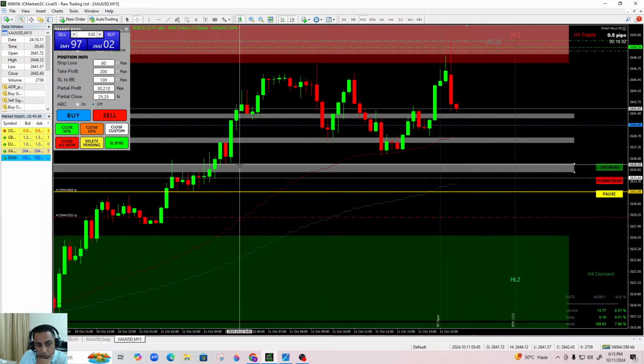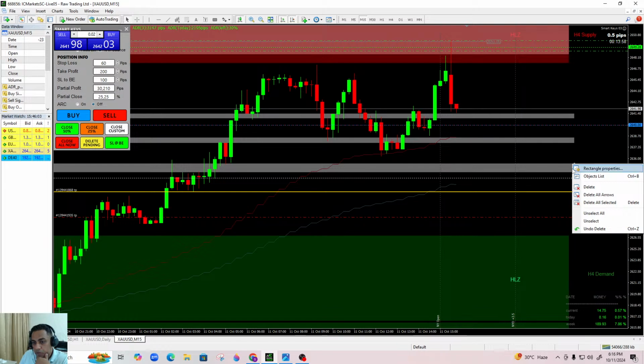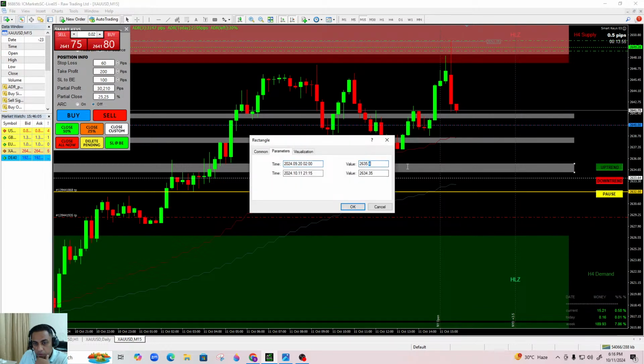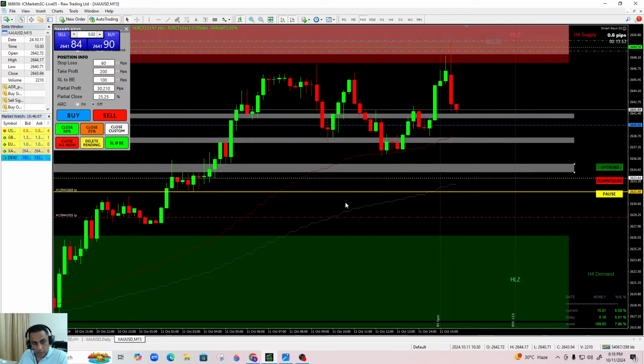Yeah, maybe a little bit lower. 536. Yeah, that's better. Okay. So if a 5-minute candle closes below this, we're coming to this. If a 5-minute candle closes below this, we're coming here. Okay? We're coming down. So that's the first TP level, 88.6 pips, roughly about 89 pips.